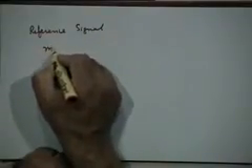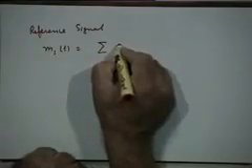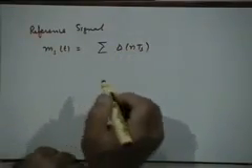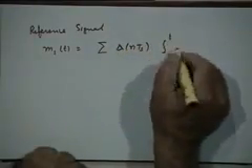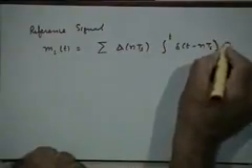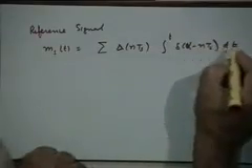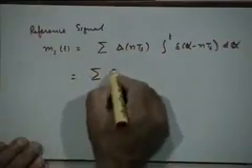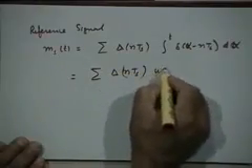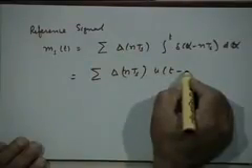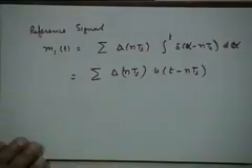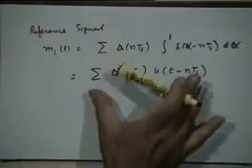So m sub s of t you can write like this: delta n Ts, which is the sample value of the nth sample of d of t, and the integration of delta alpha minus n Ts d alpha, which you can write as delta n Ts into u of t minus n Ts. Now can you physically picture what is happening here?